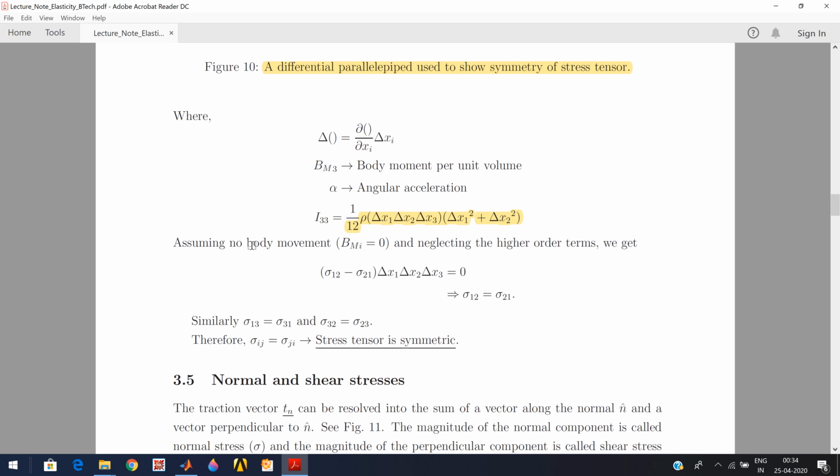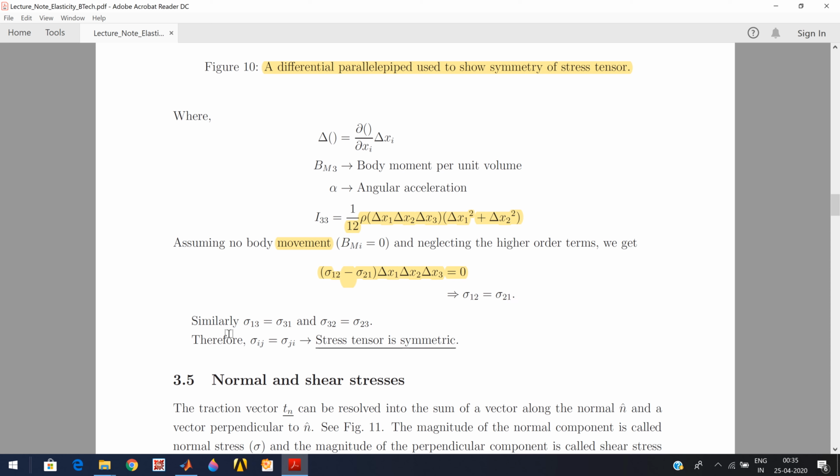If we assume that there is no body moment, this is a typo, it should be body moment. And if we consider the higher order terms to be 0, then this above equation will reduce to a simple form. From there we get sigma 1 2 equal to sigma 2 1.